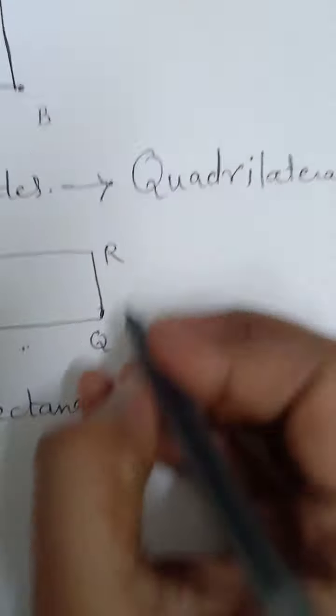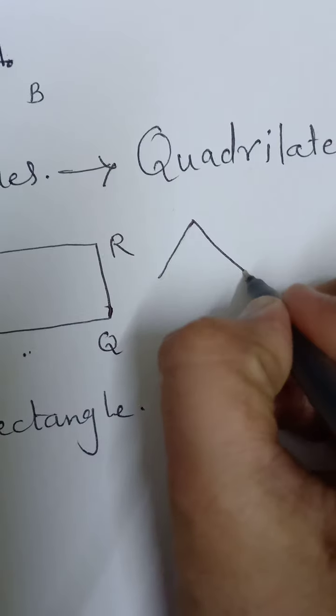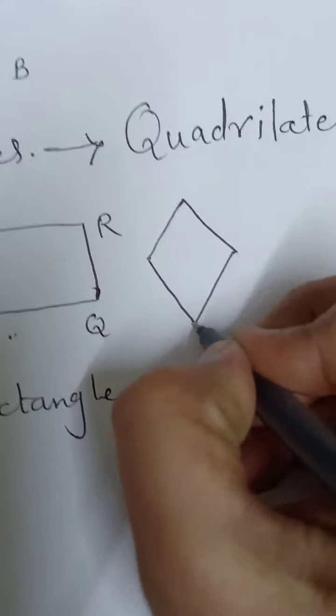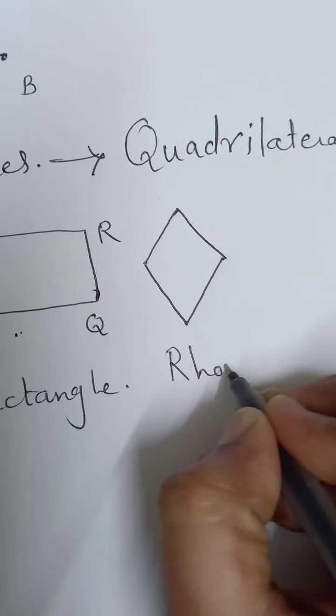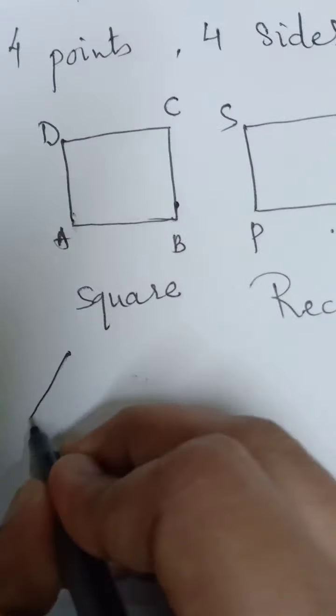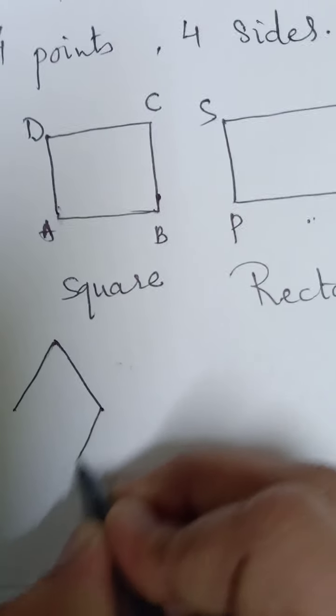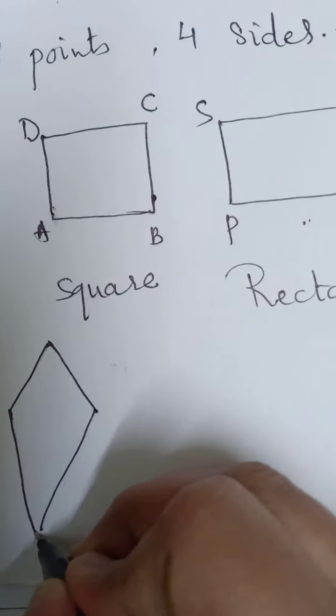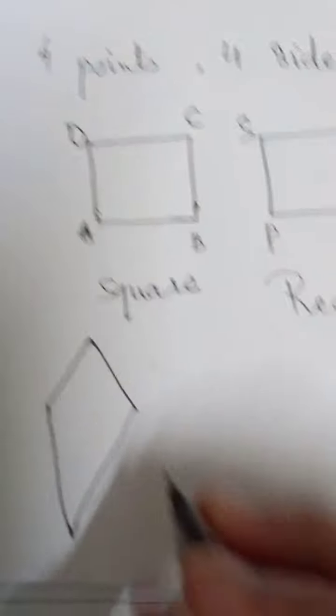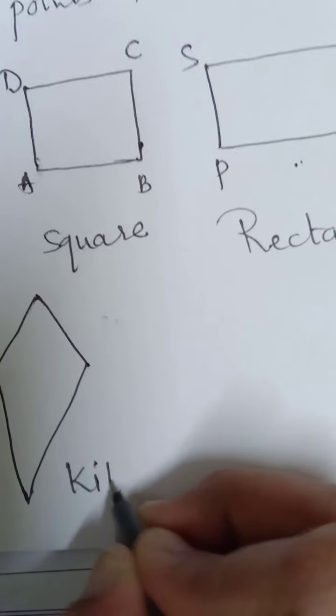So many figures are there. If I take the next one, this is nothing but a rhombus. Next I can take another figure like this. It is nothing but a kite.